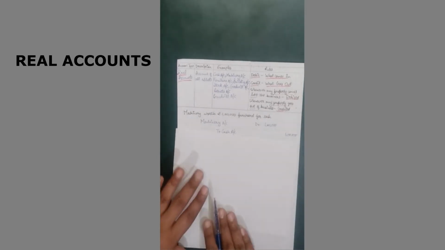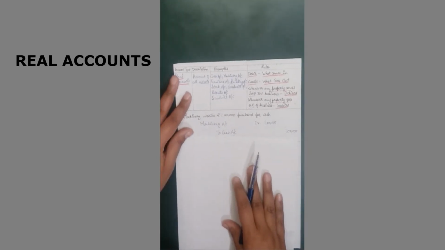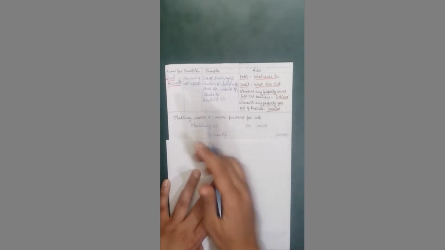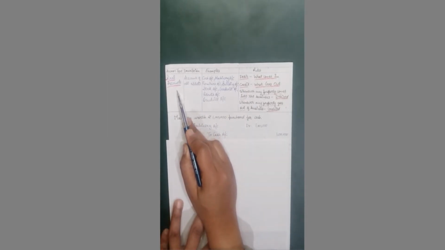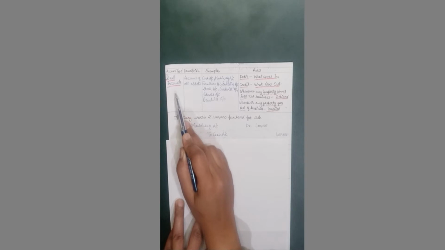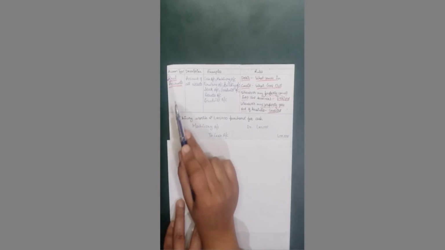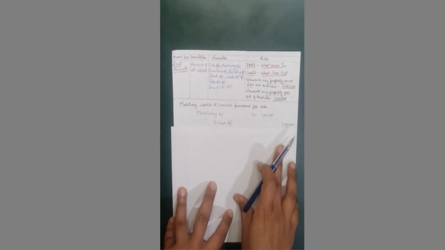Now let's come to the next classification of business accounts. The next classification is the real accounts, right? So what are the real accounts? Real accounts are the accounts of all the things which are in the possession of the business organization and the value of which can be measured in terms of money, right?